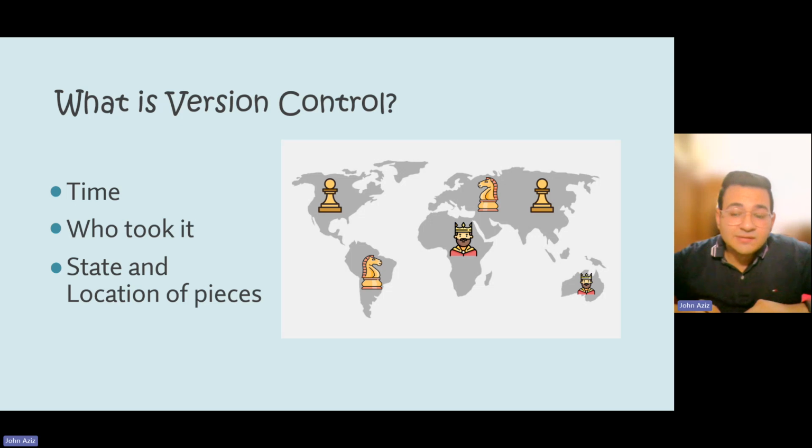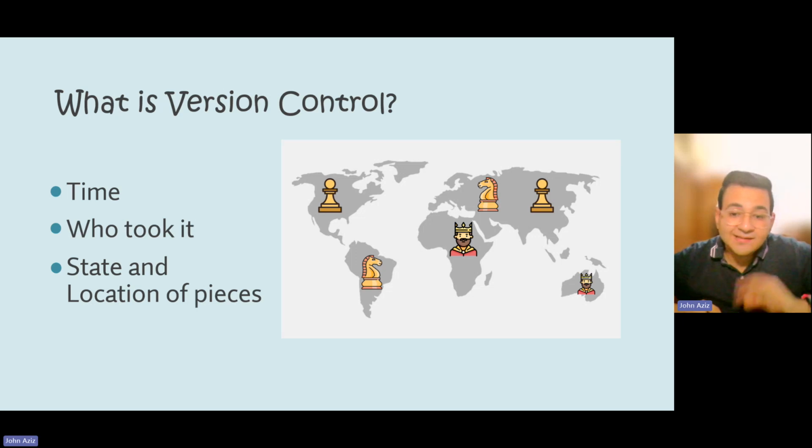And instead of resetting the game each time, they thought of a nice solution, which is to keep track of the game state by taking an image of the game board each time they stop playing.